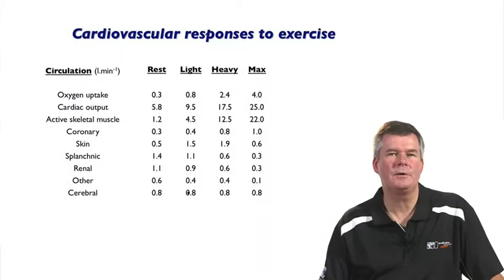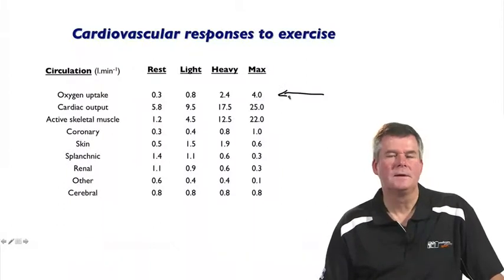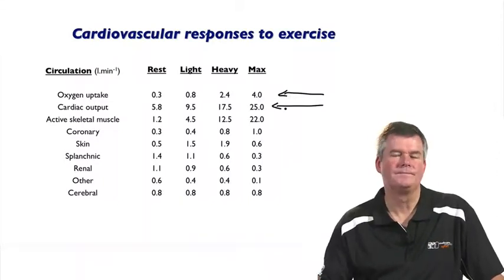If we begin by looking at incremental exercise, we can examine the changes in oxygen uptake, cardiac output, and various tissue blood flows as we go from rest through light exercise to heavy exercise and then to maximal exercise. You can see, as we've shown before, that oxygen uptake increases in proportion to the exercise intensity, and as does cardiac output.